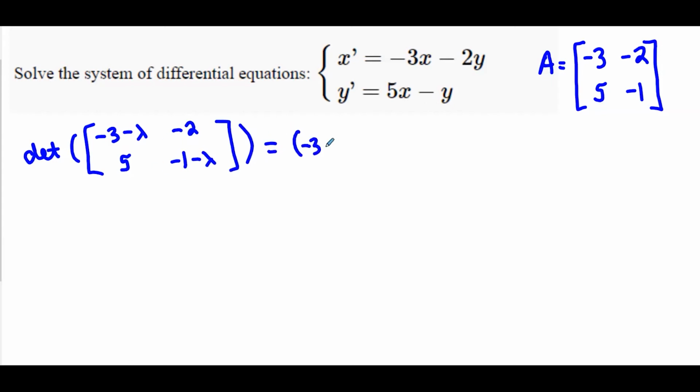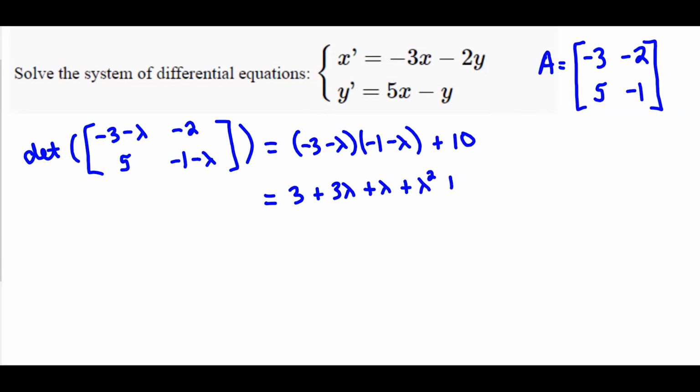So we're going to multiply -3 minus lambda and -1 minus lambda, and then plus 10. We're going to subtract 5 times -2, so it'll be plus 10. So that's going to be 3 plus 3 lambda plus lambda squared plus 10.